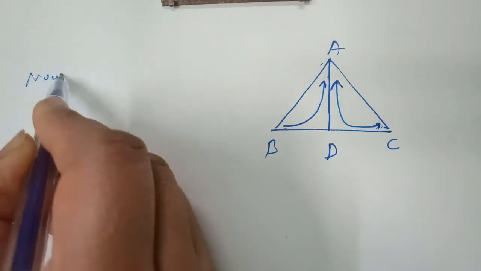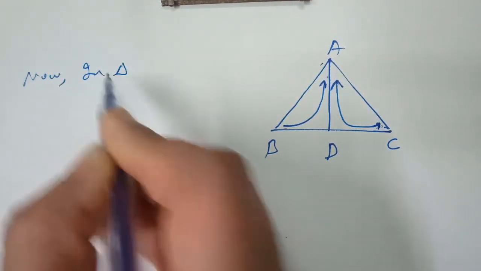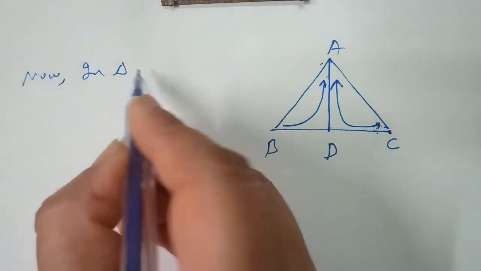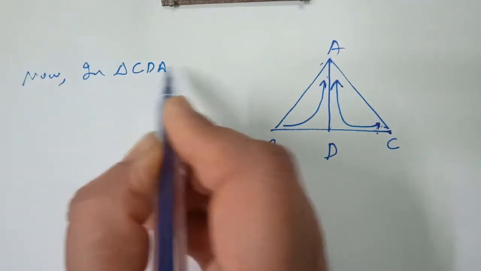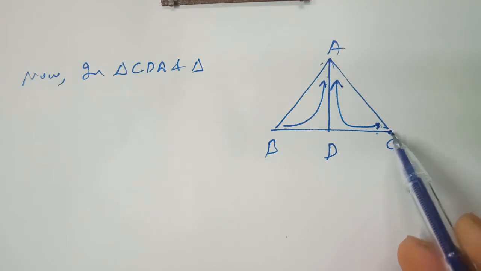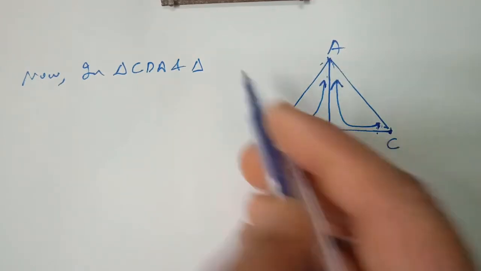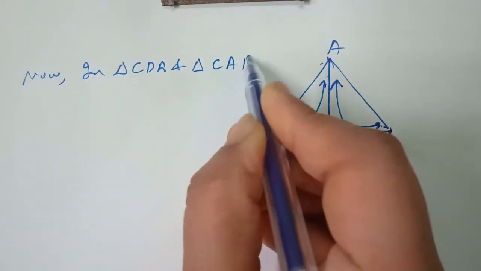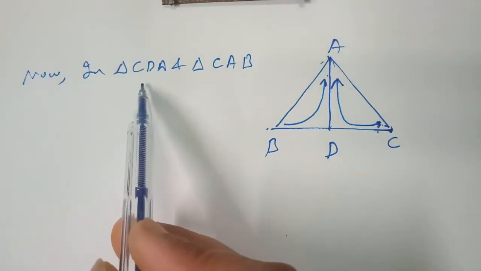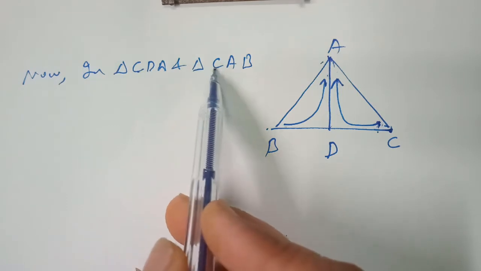Now in the triangle, first we're going to write the name of the smaller one. Since the arrow starts from here, we're going to write CDA. In triangle CDA and triangle, the name of the second triangle also we're going to write from here, CAB. Now here again we have to identify two equal angles. So C and C, first two parts are equal.